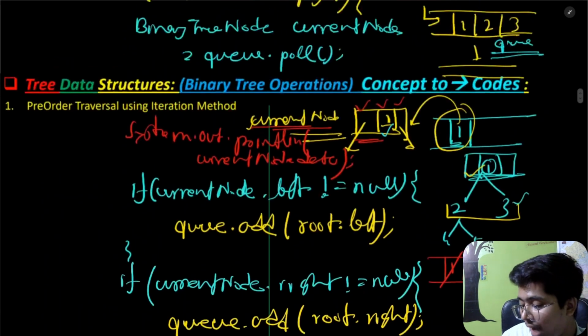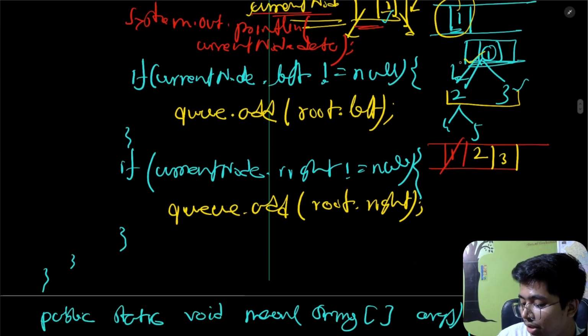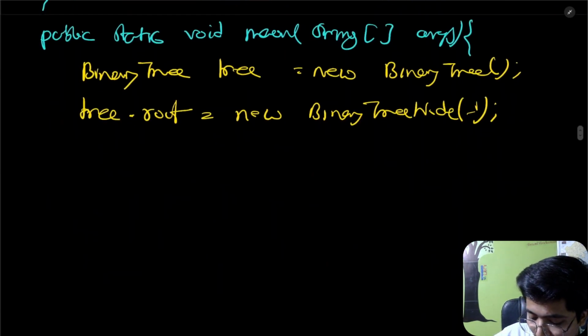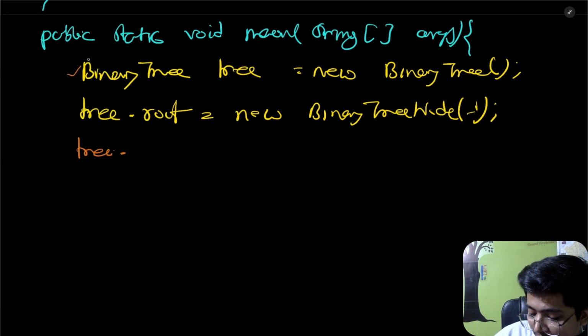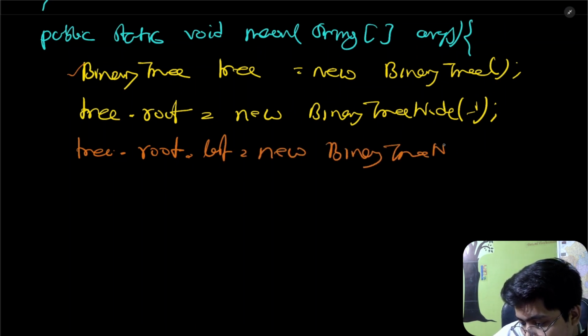Now second, we have to create this in the left section. Sorry, we always have to write the tree because we are using the object of this class: tree dot root dot left is equal to new binary tree node 2.